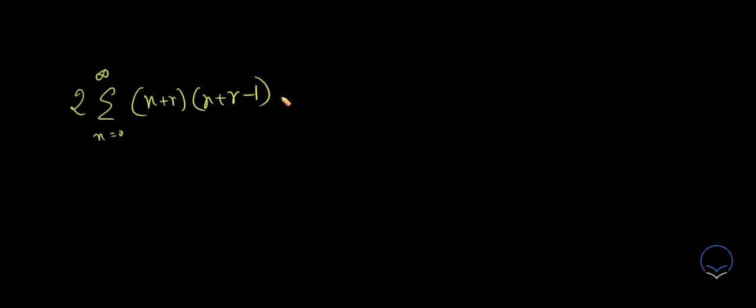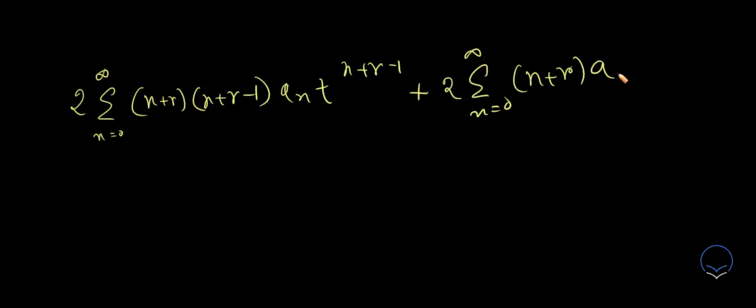The end result will look something like this. 2 times the sum from n equals 0 to infinity of (n plus r minus 1) a_n t to the power n plus r minus 1, plus 2 times the sum over n equals 0 to infinity of (n plus r) a_n t to the power n plus r minus 1.